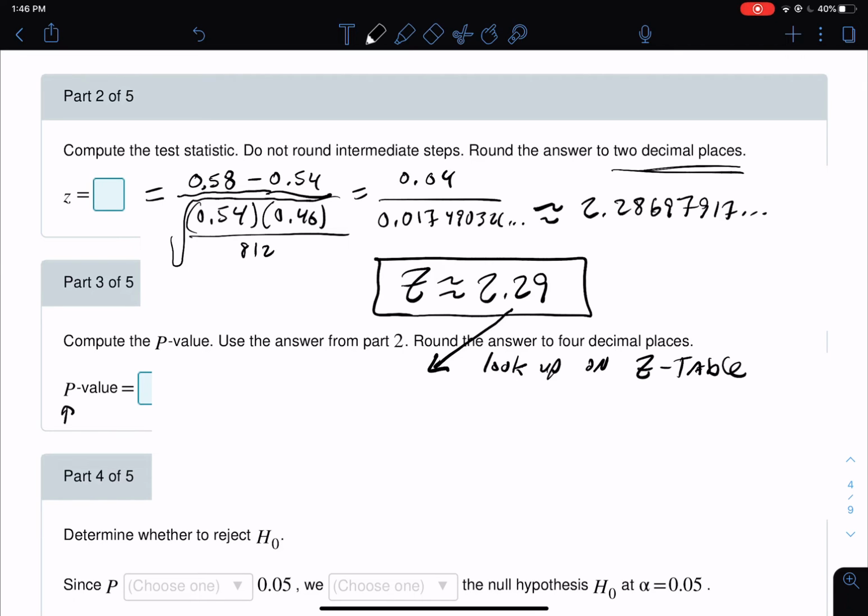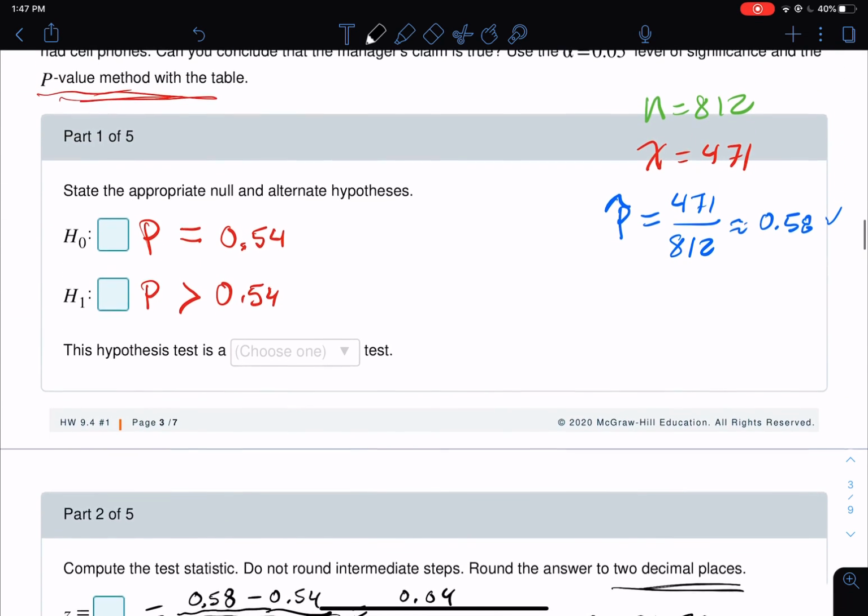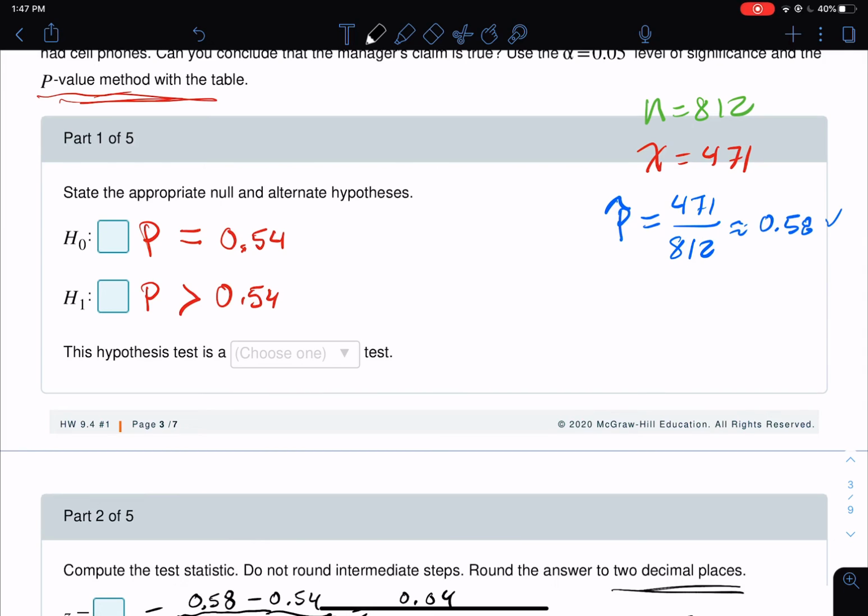Now look at this: the alternate hypothesis is greater than, which means it is a right-tailed test.